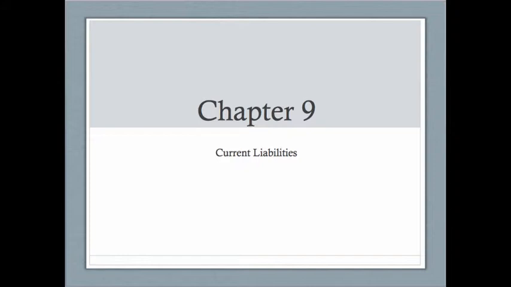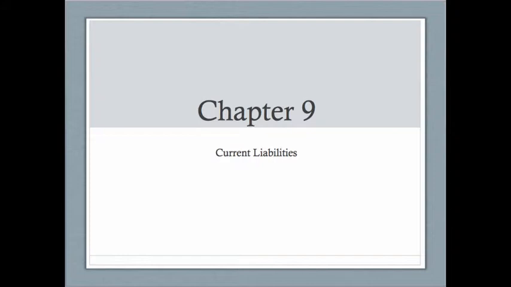However, we may not necessarily know when the obligation is going to be satisfied, or what the exact dollar amount is going to be, since we have to estimate what our obligation is going to be. An example of an estimated liability could be vacation benefits, bonuses, warranties, and other types of employee benefits.